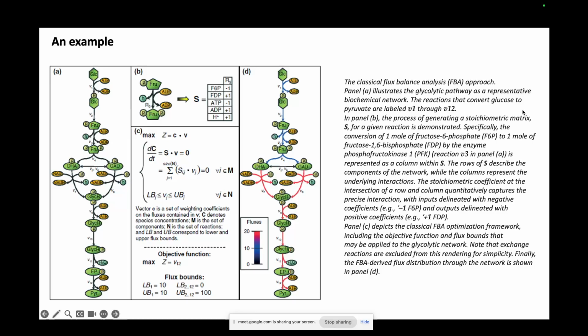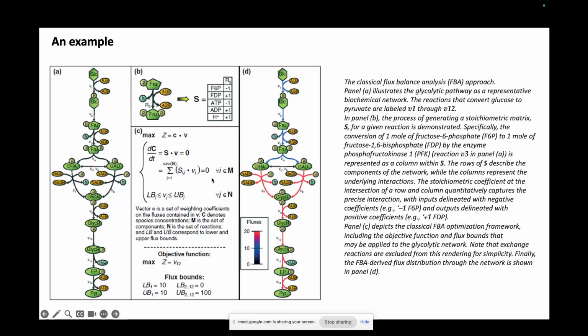The reactions that convert glucose to pyruvate are labeled V1 to V12. Glucose to glucose 6-phosphate is V1, ATP to ADP. Glucose 6-phosphate to fructose 6-phosphate is V2. Fructose 6-phosphate to fructose 1,6-bisphosphate, meaning 2 phosphate groups, is V3, and then you have V4, V5. All these reactions have been documented.